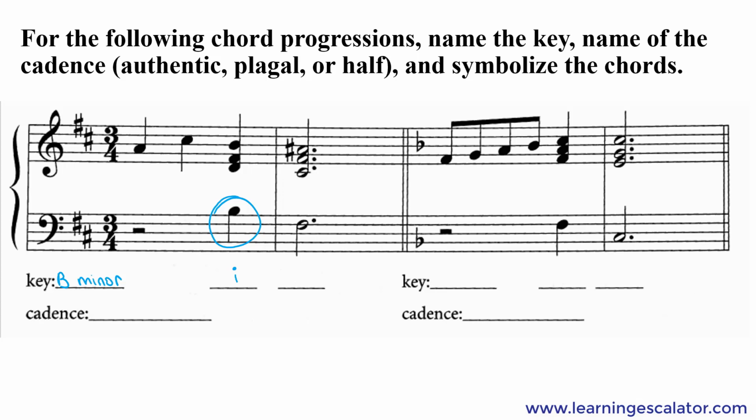And then this one, F sharp is the dominant, so it's V. And this needs to be capital because all dominants are major, because you raise the leading tone, which is A sharp. So this is the F sharp major chord. So the cadence is 1 to 5, which means it's a half cadence.